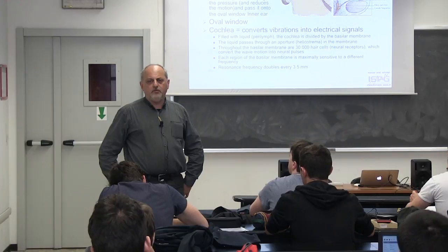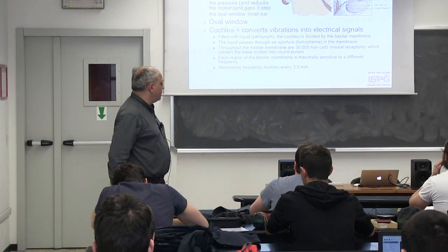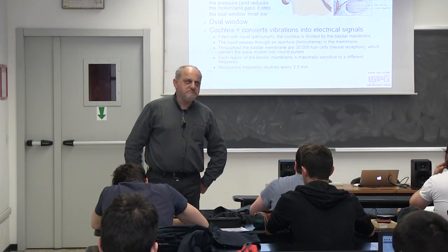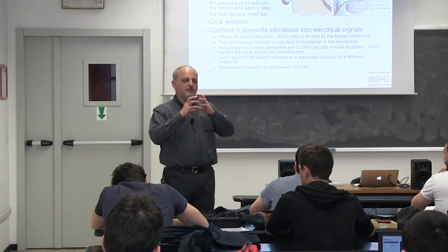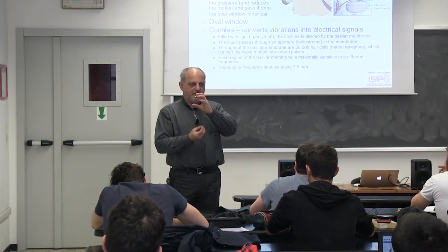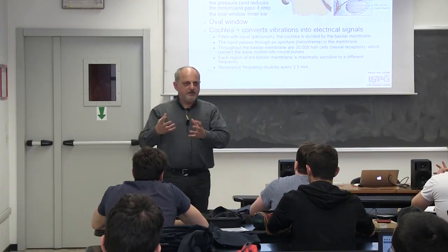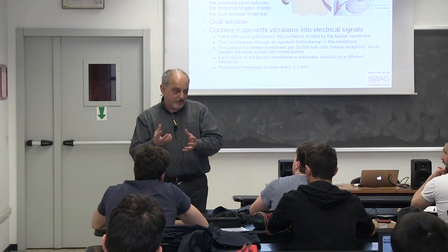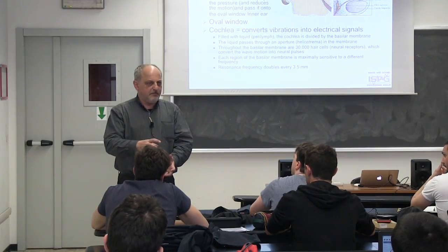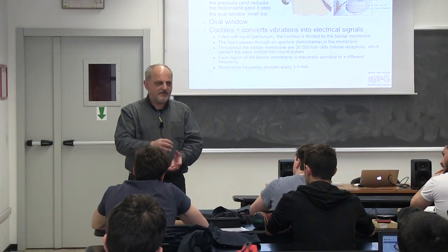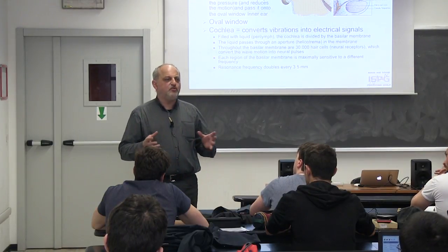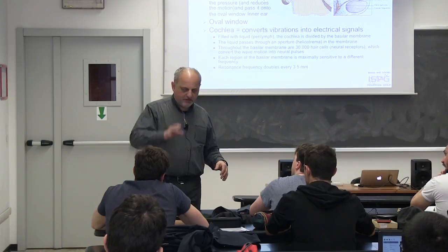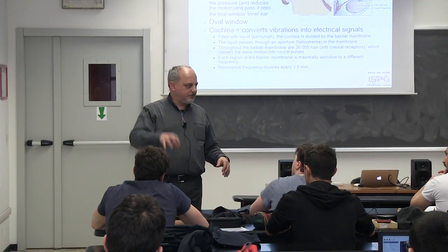Imagine each one of those hair cells to be pretty much like a little mass with a spring underneath, right? There is also a little bit of friction. But a system built mechanically like a mass and a spring behaves like a second-order oscillator. So you give it a little shock, and it will start oscillating, obviously.